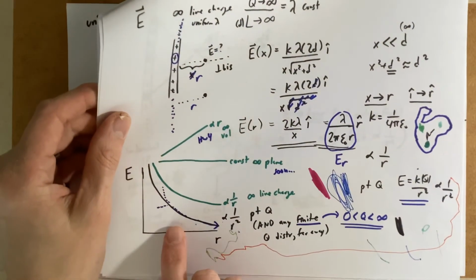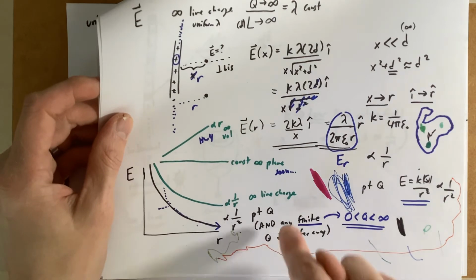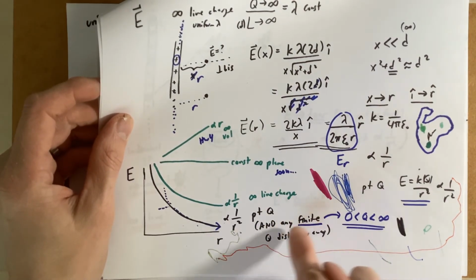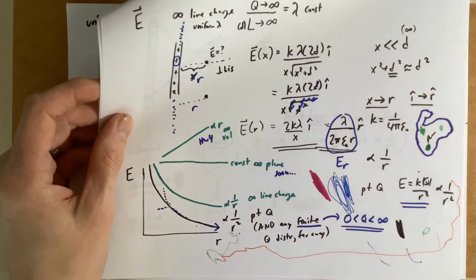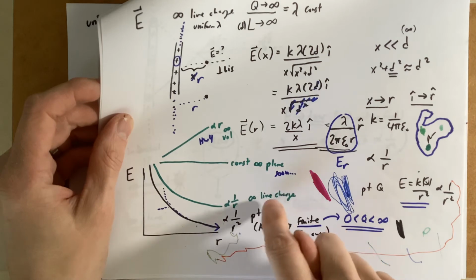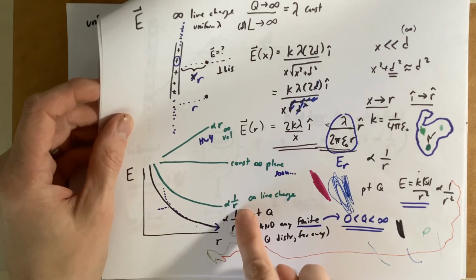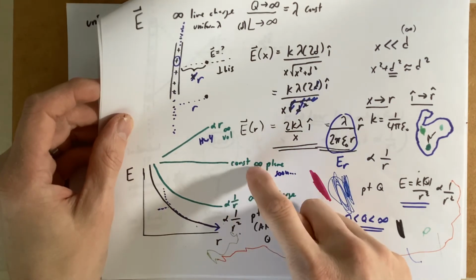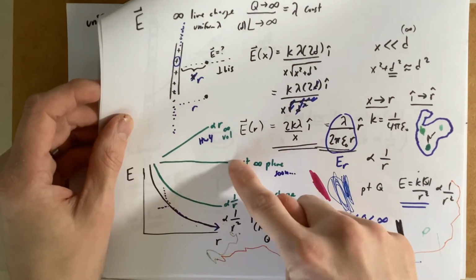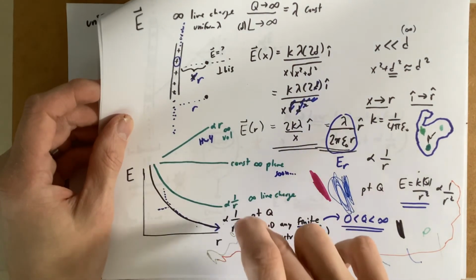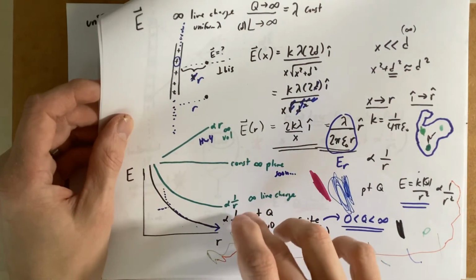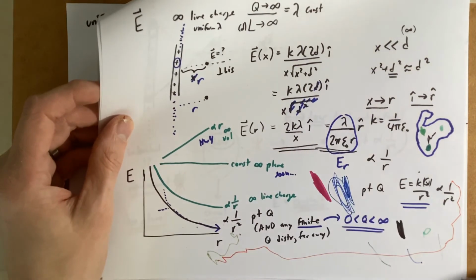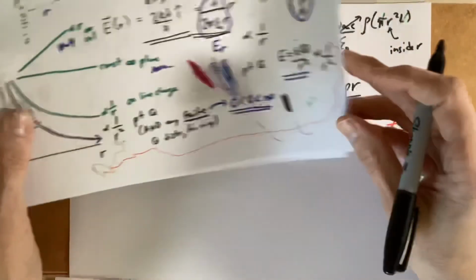For a point charge, or any finite charge distribution far away, it goes as 1 over r squared. When we take one dimension to infinity for an infinite line charge, it goes as 1 over r. When we extend a second dimension to infinity, getting an infinite plane, it's constant. It's like every time I extend one dimension to infinity, I get to multiply by r. And that trend does tend to follow here.